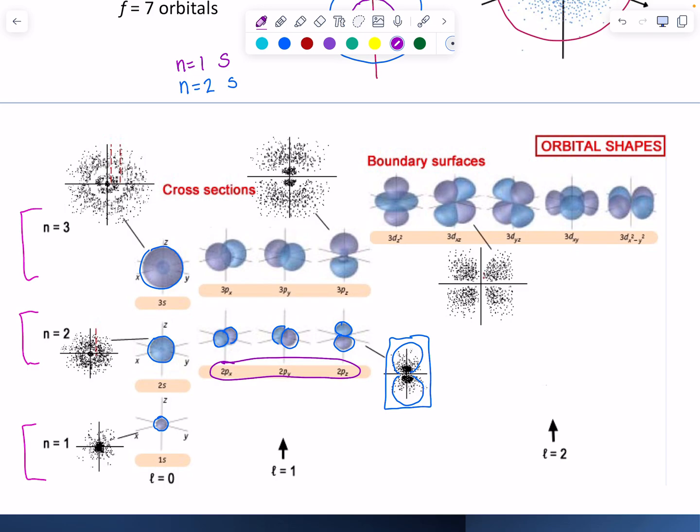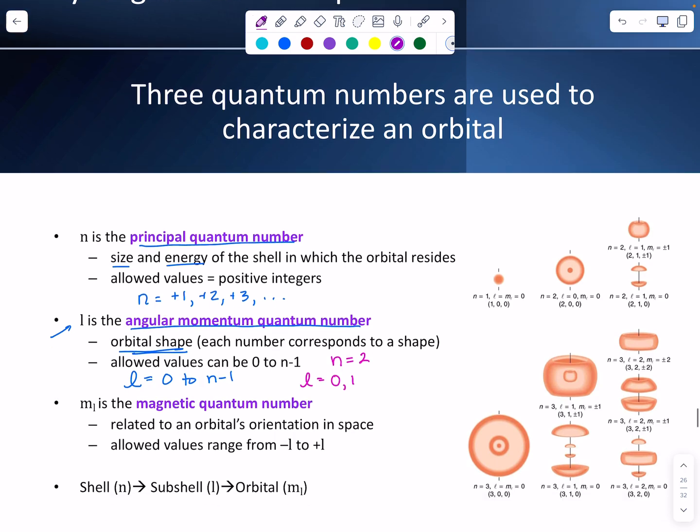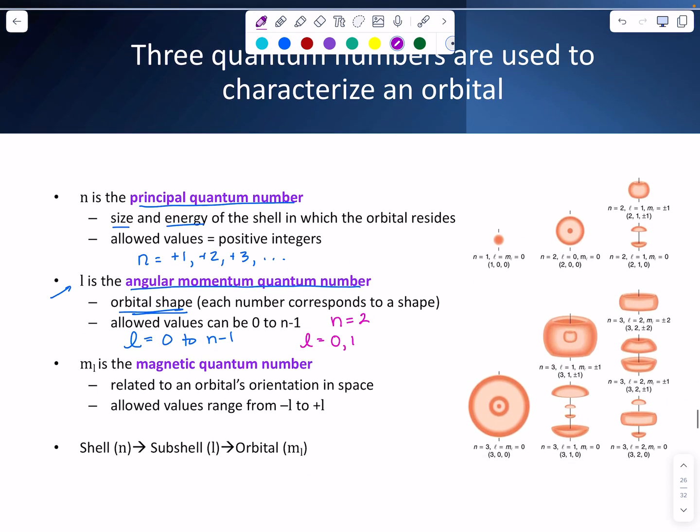That's the principal quantum number. The L tells us that it's a p, that it's that shape. And the thing that tells us whether it's the px, this is our px, this is our py, and this is the pz, is the third quantum number, which we call the magnetic quantum number. It is related to an orbital's orientation in space.